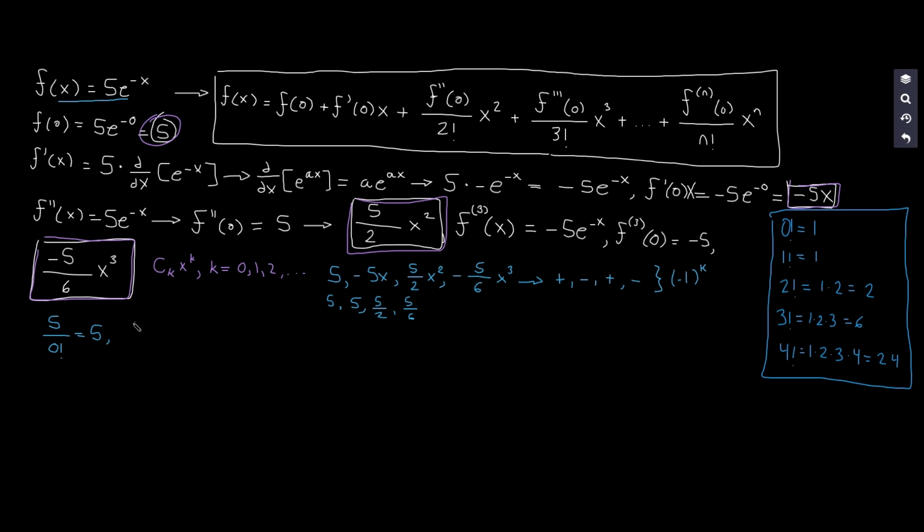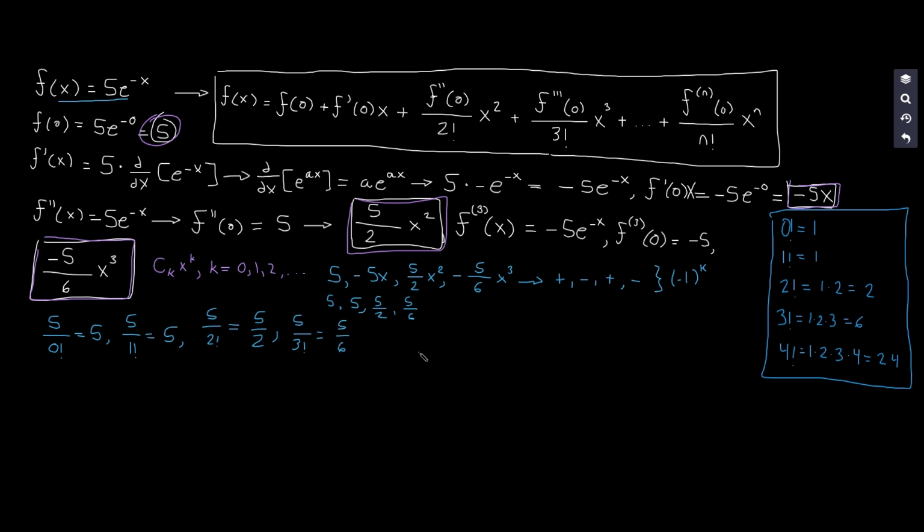Then we'll take 5 over 1 factorial, and that's going to be 5. Then 5 over 2 factorial, which is 5 over 2. And the next one is 5 over 3 factorial, and that's going to be 5 over 6.